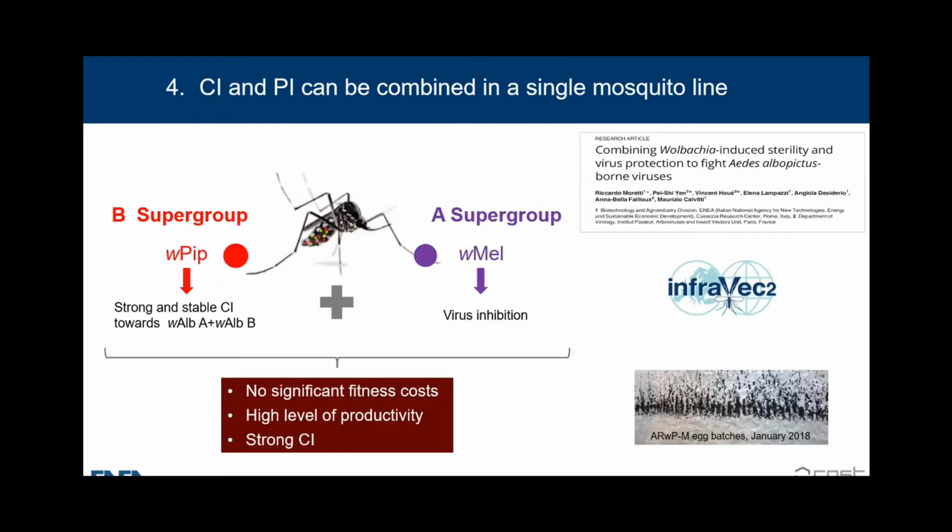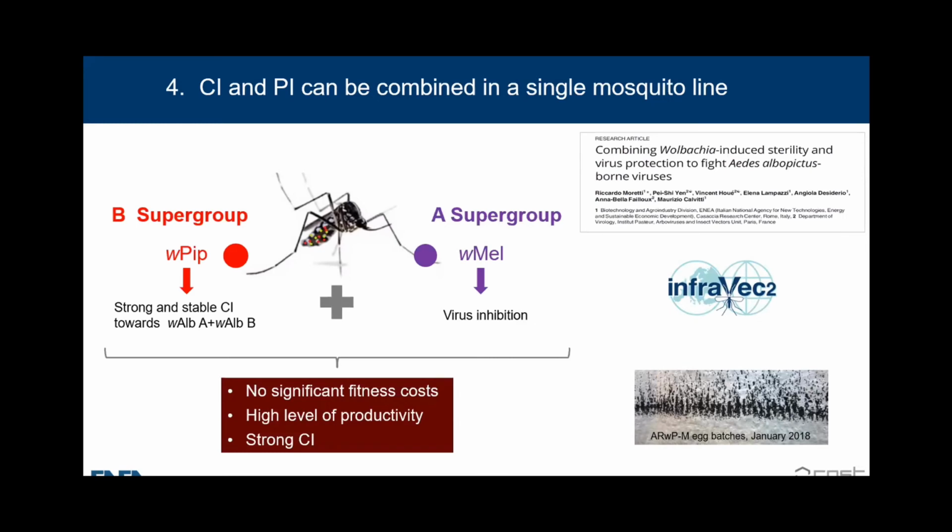Another very important property of Wolbachia is that some Wolbachia strains are well known to interfere with virus transmission, in particular the wMel taken from Drosophila melanogaster. In 2007, we generated a new mosquito strain named ARP-M that basically restores a double infection in Aedes albopictus: one strain of the B supergroup and another strain of the A supergroup.